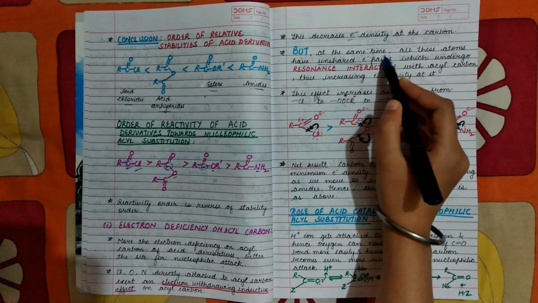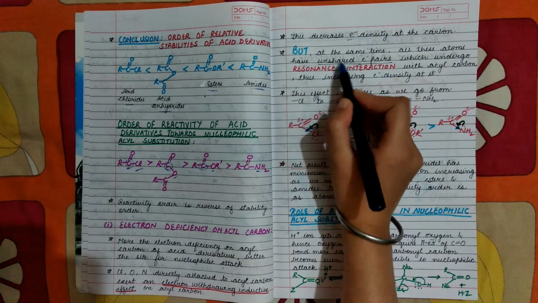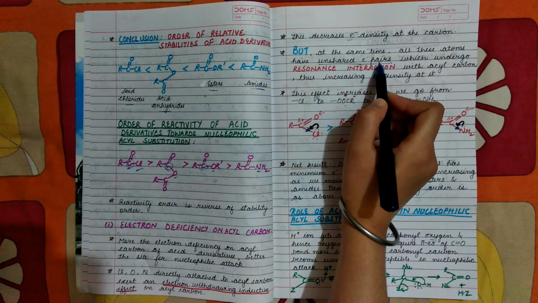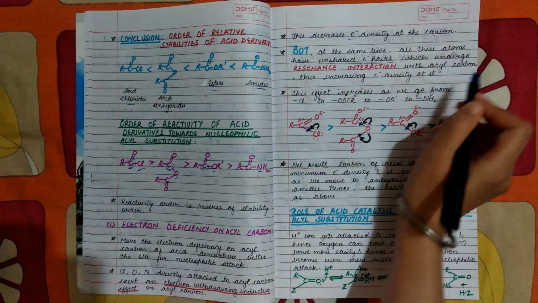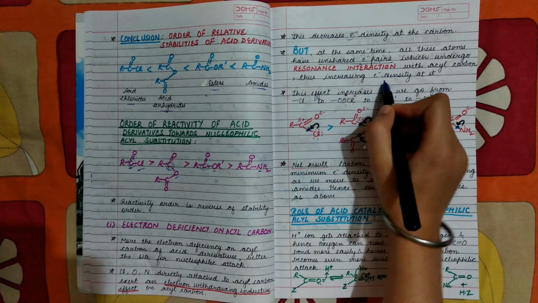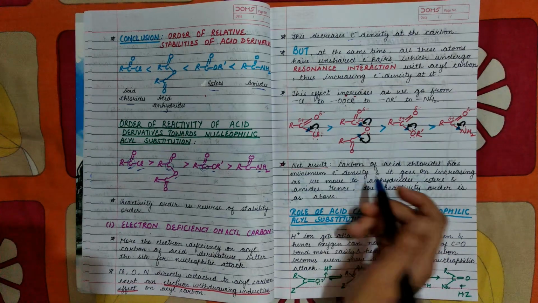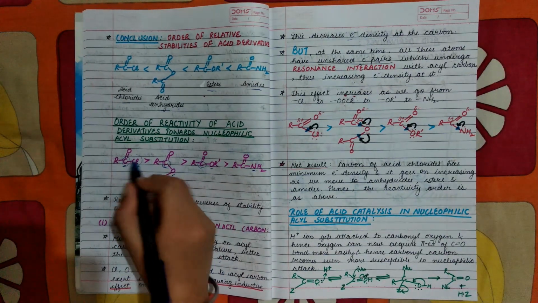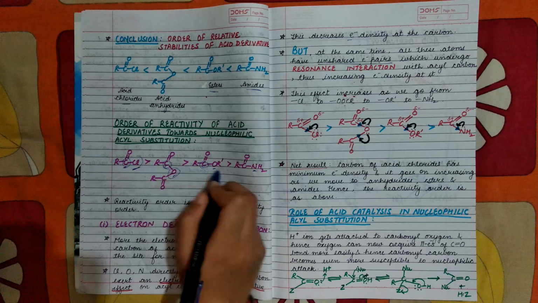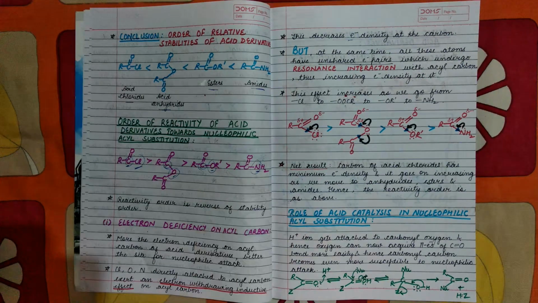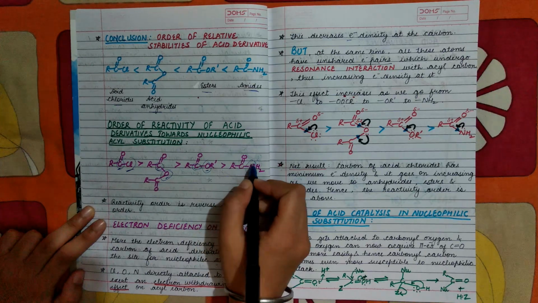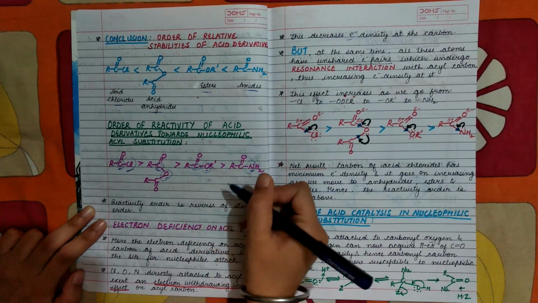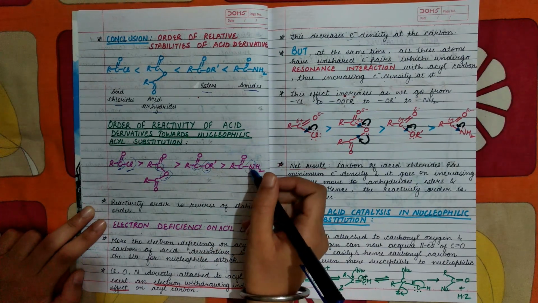But at the same time, all these atoms have unshared pairs of electrons also, which undergo resonance interaction with the acyl carbon, thus increasing electron density at it. Also, these groups, chlorine, oxygen and nitrogen, have electron pairs on them, so they donate the electrons to carbon and hence make it more electron rich.